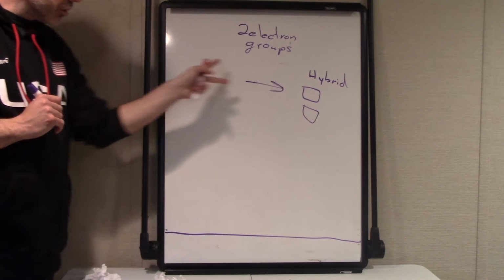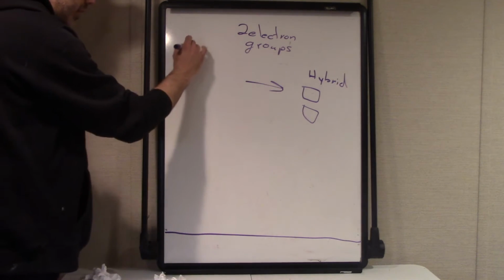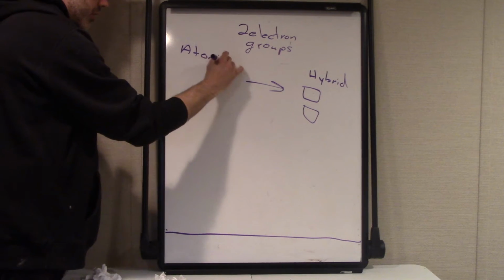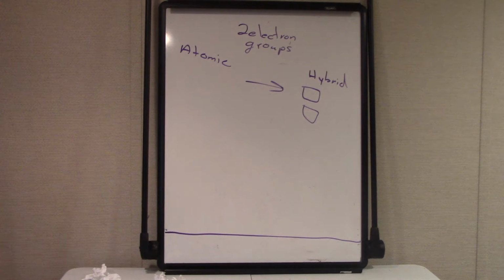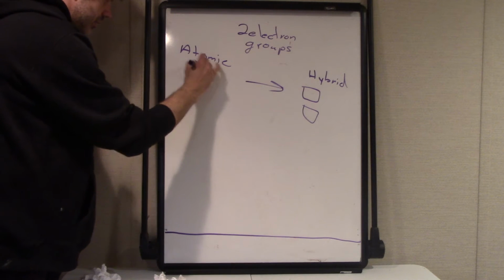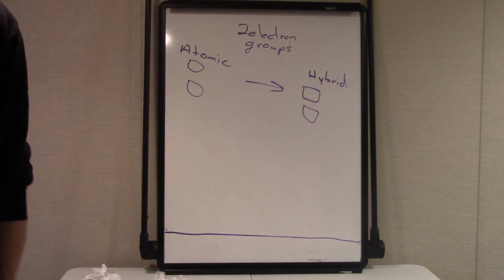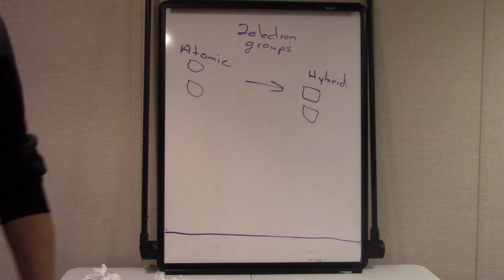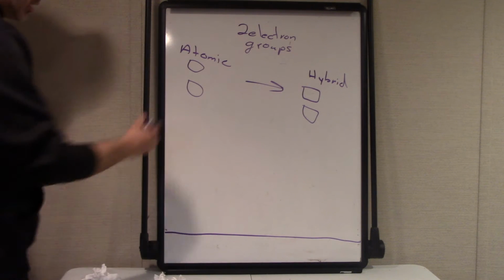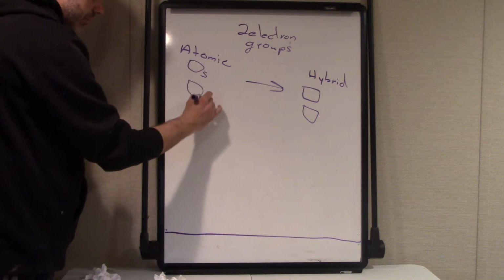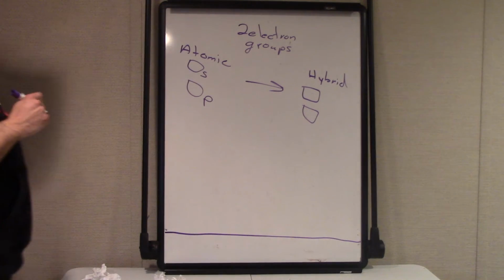Two hybrid orbitals means I need to use, on the left hand side, two atomic orbitals as well. Now I have my two atomic orbitals. Now we have to talk about the identity of these atomic orbitals. So I'll always start with the s, then we're going to go to our p.